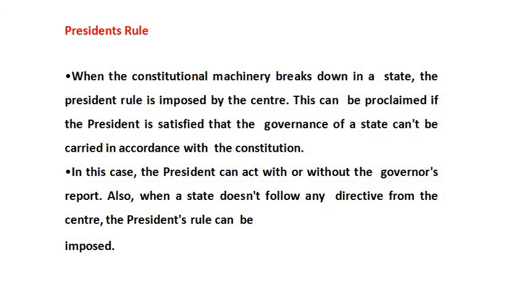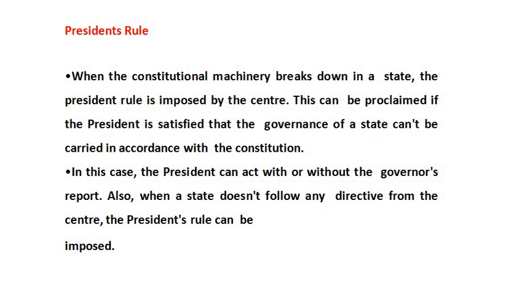That means according to the constitution, the state has to perform, and according to the president it is not performing, then the president's rule is applied on the state, with the governor's help. In this case, the president can act with or without the governor's report.